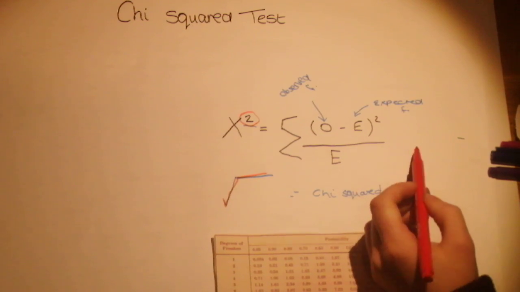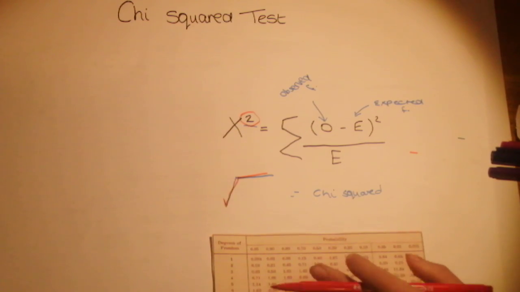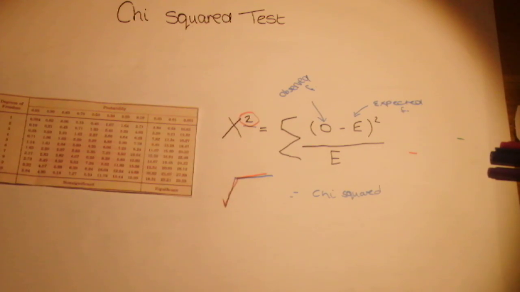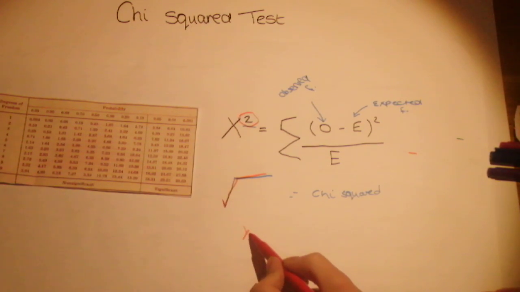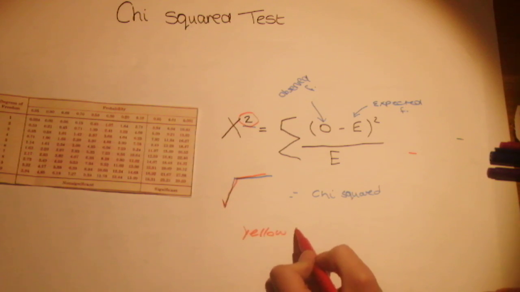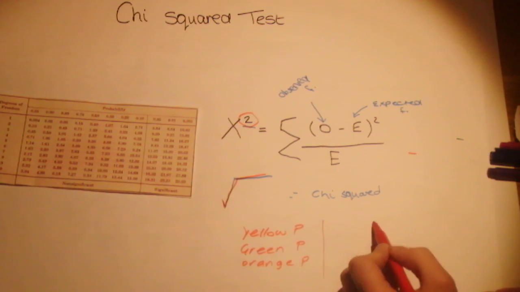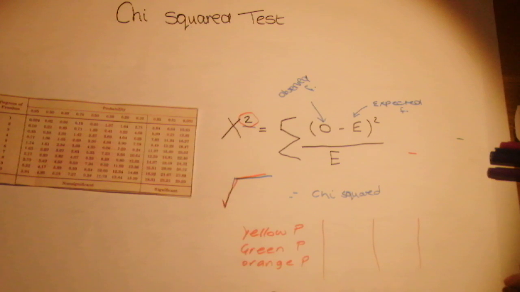So once you've got your number for chi-squared, you then have to calculate the degrees of freedom. Say you have yellow peas, green peas and orange peas. You have a little table with numbers in.